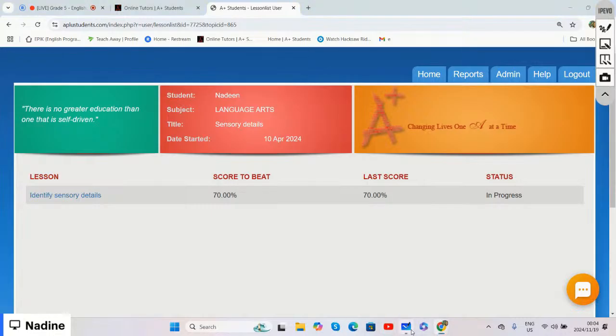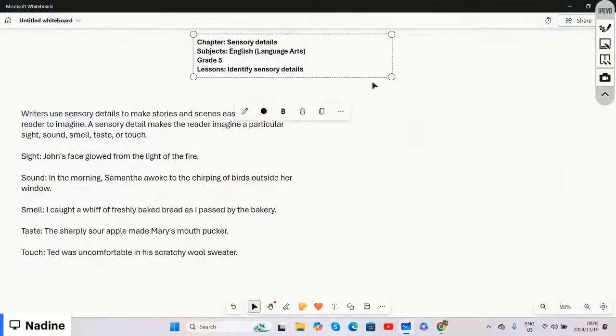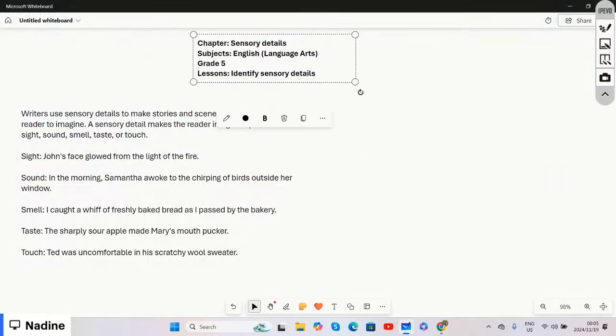Right. So our chapter for today is sensory details. Our subject is English Language Arts. We're doing grade 5.